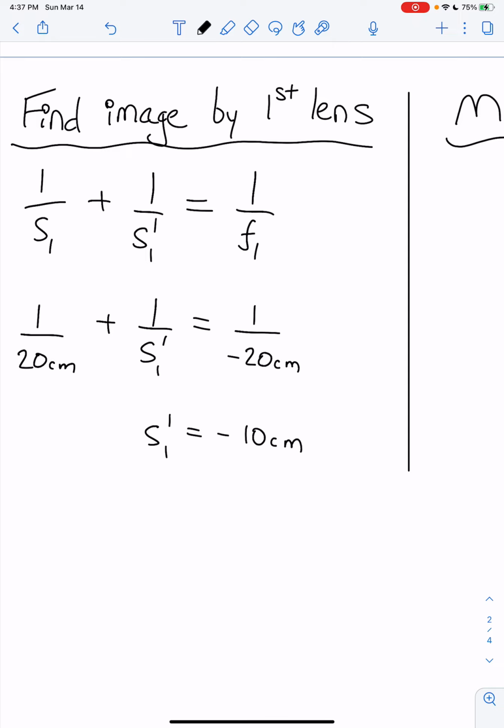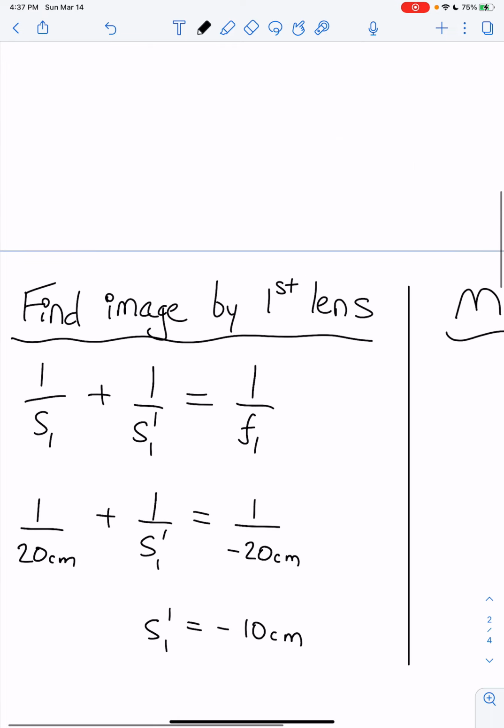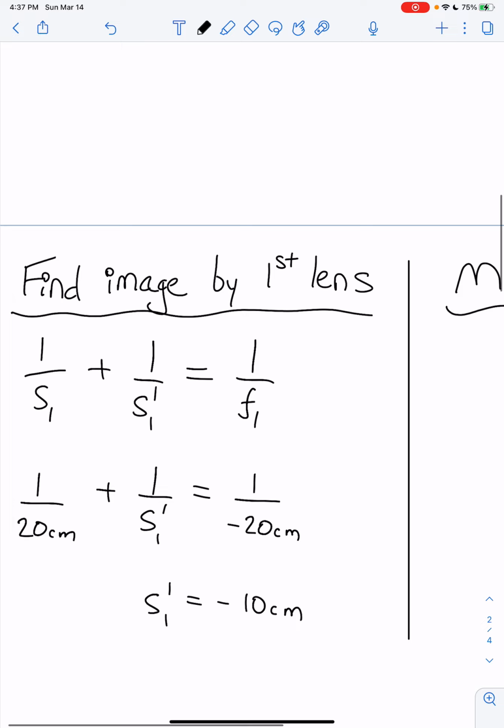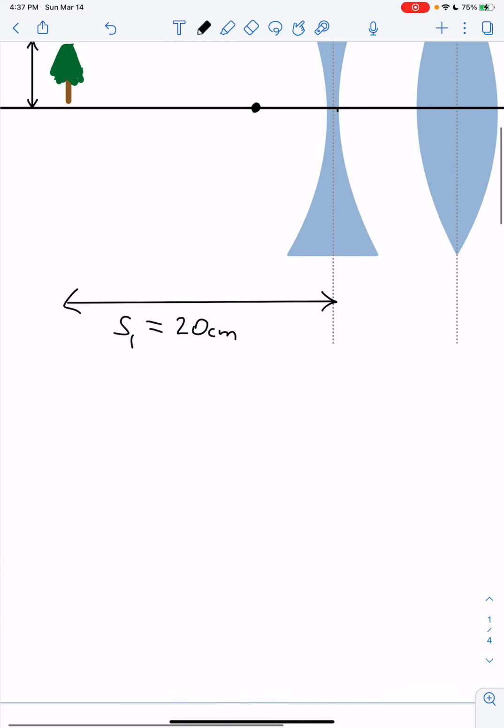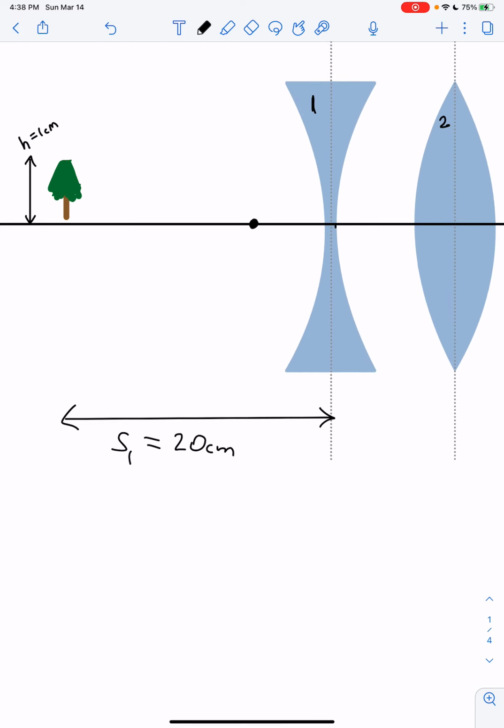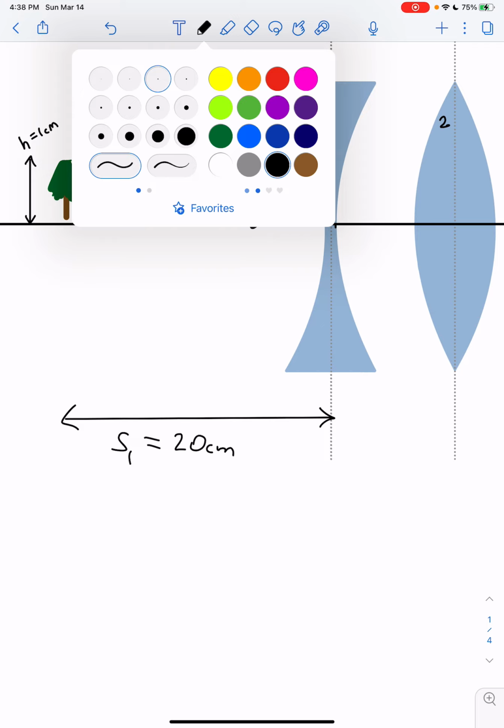Now that we know the distance to that first image, first of all, we see this negative, which means that it's on the same side as the original object, which is not surprising because we have a diverging lens. And we can draw this roughly out. I'm not going to do a complete ray tracing diagram here.